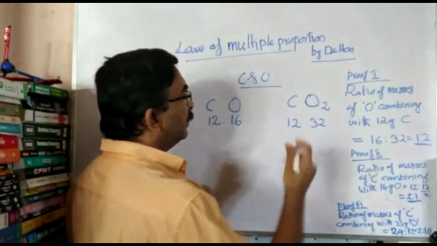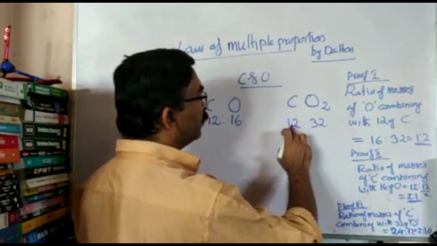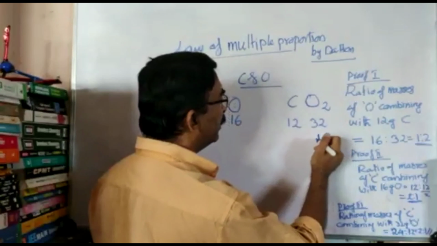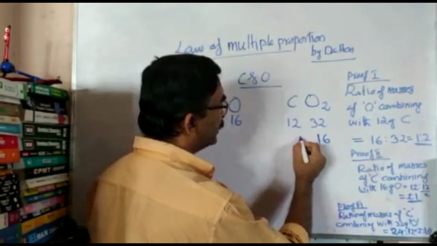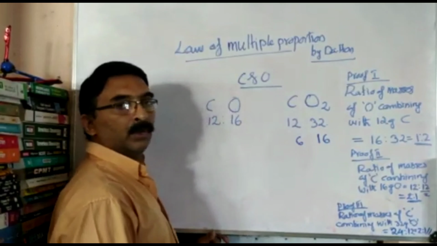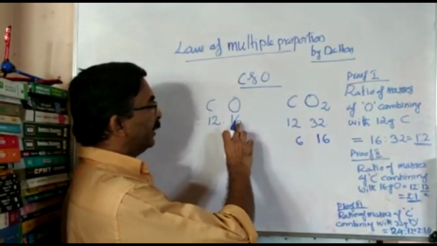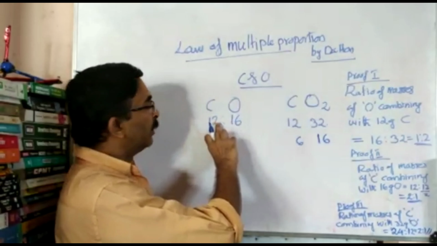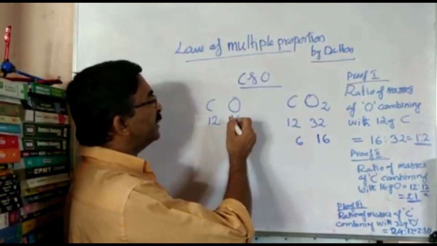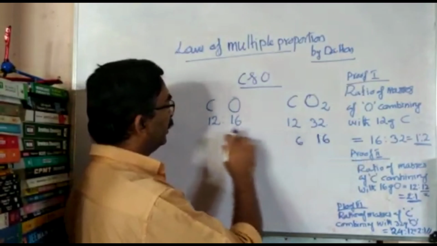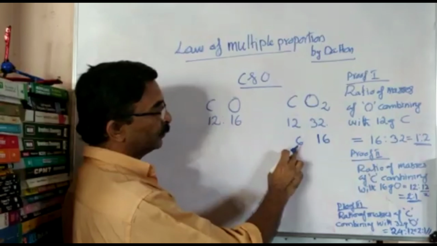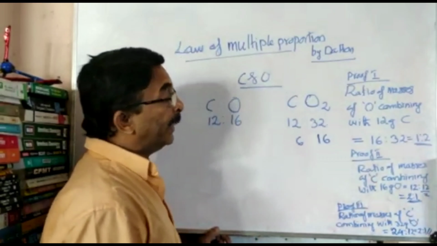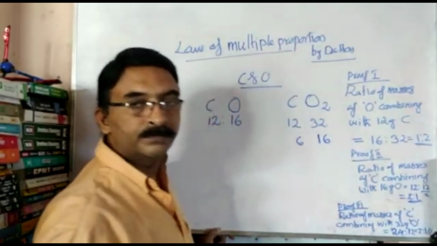Here 32 gram is combining with 12 gram. So 16 gram, which is half of this, will combine with half of 12, that is 6 gram. So the ratio of masses of carbon that combines with 16 gram oxygen is 12 is to 6, which is 2 is to 1. This is again a simple ratio.